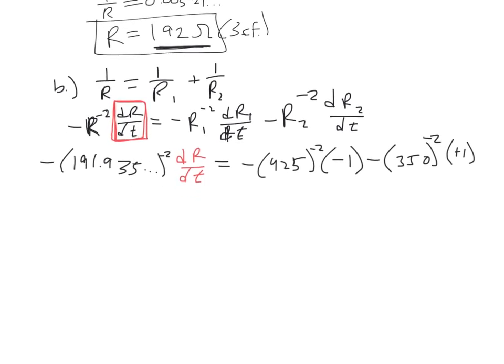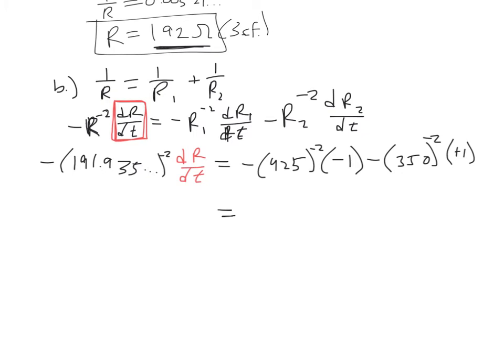Okay? At this point, I'm just going through and confirming values. I'm punching things into the calculator. I've got 425 raised to the negative 2 power. This is some really, really tiny number.